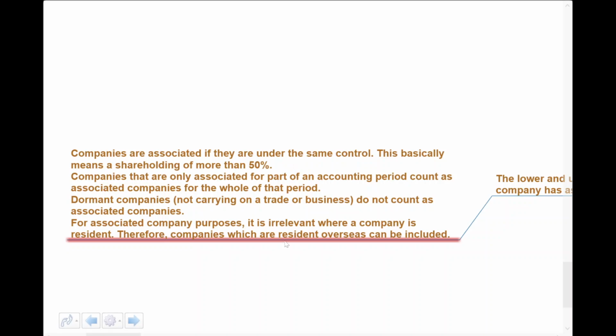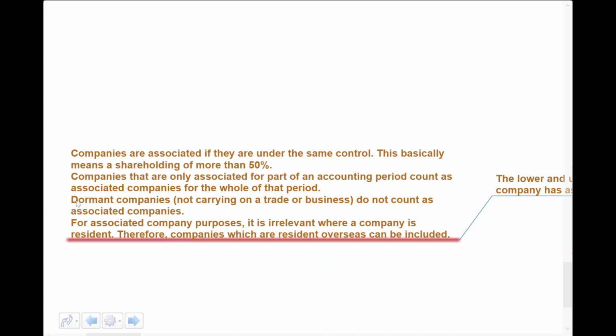We need to understand these areas because I've seen this in OT questions, not so much in long form Section C, but certainly in OT questions. Basically, we want a shareholding of more than 50%. They're associated on that basis.